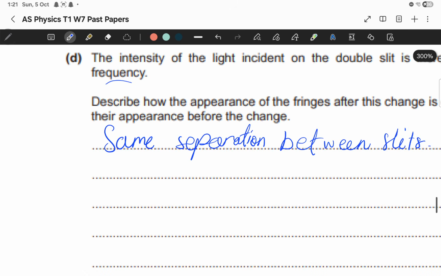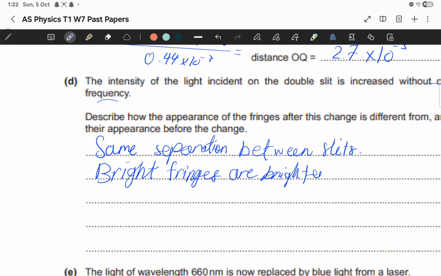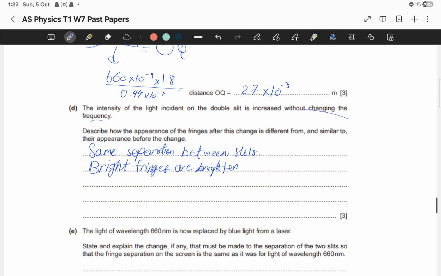And since the intensity increased, you can see it got brighter, so the bright fringes are brighter. There's nothing else changed, but they told you to discuss the appearance of the fringes.